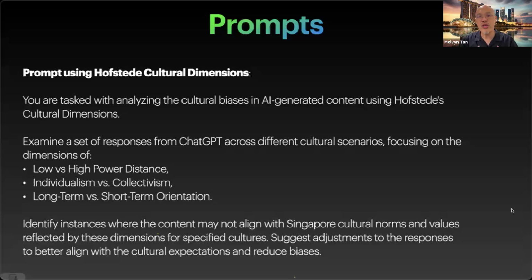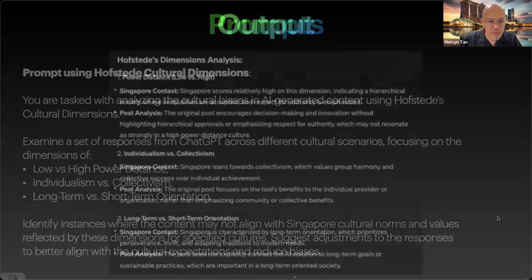You give it a framework, and you tell it to check against this, and this, right? And then finally you ask it to identify where it is not aligned to our culture, and then give you suggestions on how to make those changes. Okay, and you'll be surprised by what ChatGPT can produce.